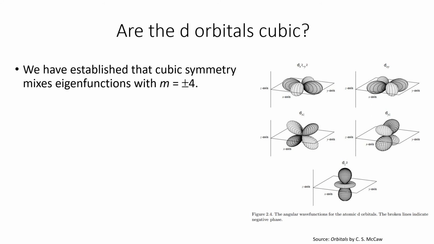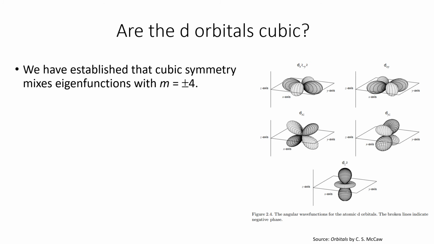And so what we've hopefully established is that if we're in an environment where x, y and z are equivalent and we can do a 90 degree rotation of the system on a fourfold axis and leave it looking unchanged, then effectively we can represent that symmetry with a spherical harmonic operator with this m equals plus or minus 4.